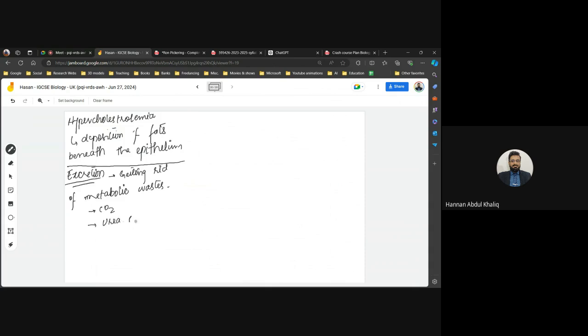Urea is made during protein metabolism. So that is excretion. CO2 would obviously cause suffocation. The brain would not perform properly in the presence of too much carbon dioxide. Urea is the least poisonous nitrogenous waste.